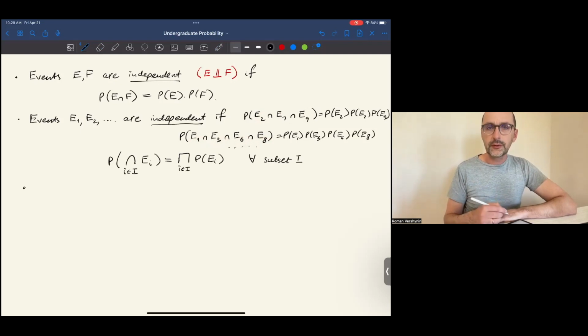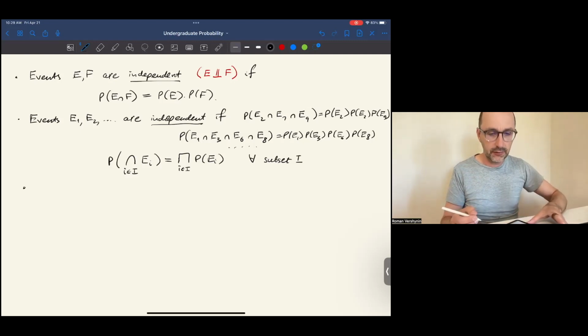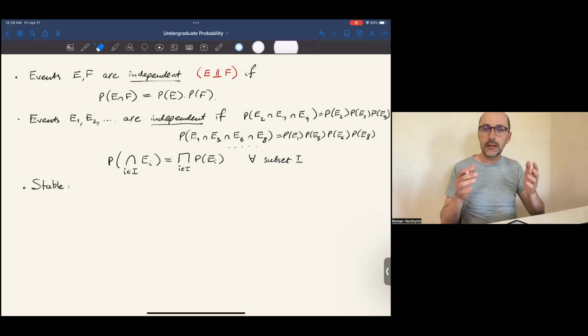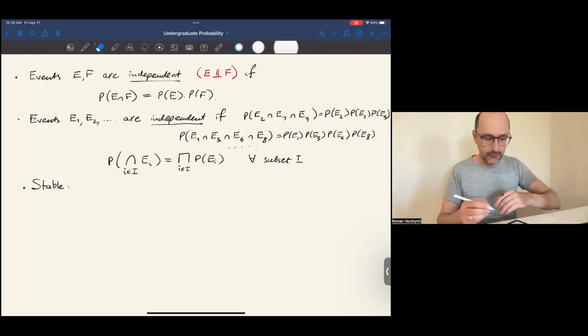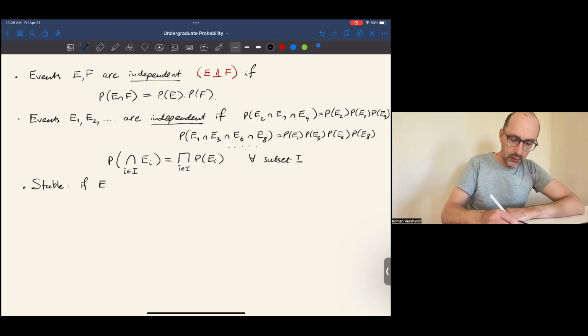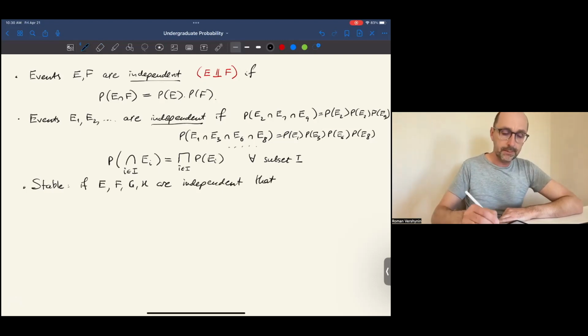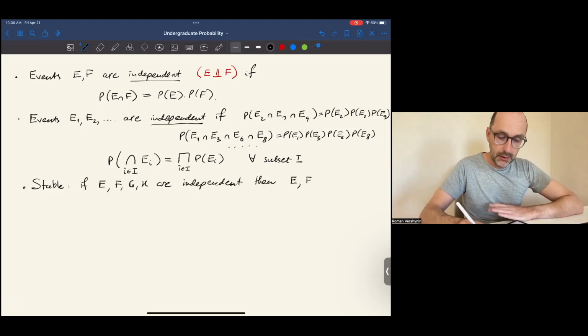We also noticed in the last episode how independence is stable with respect to set operations. Stability means that if the events are independent, then any events formed of them are also independent. For instance, if we have events E, F, G, and H that are independent, then the events E, F complement, and G union H are also independent.